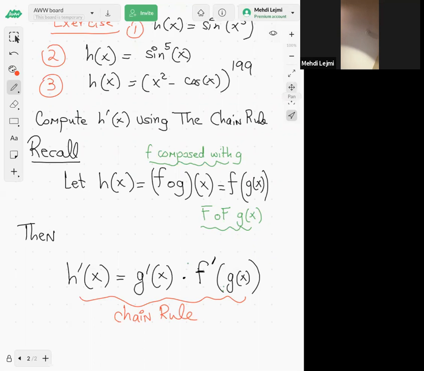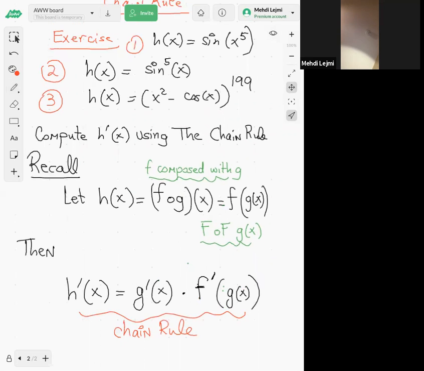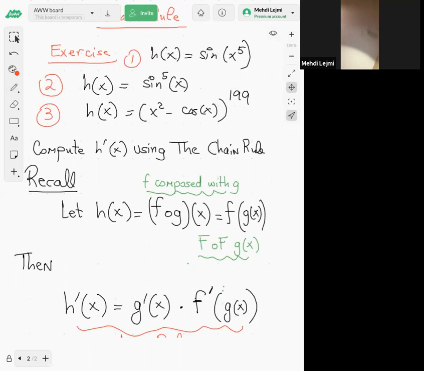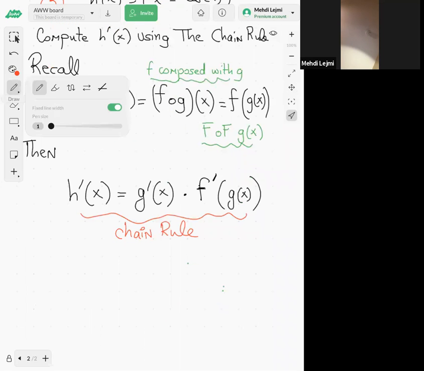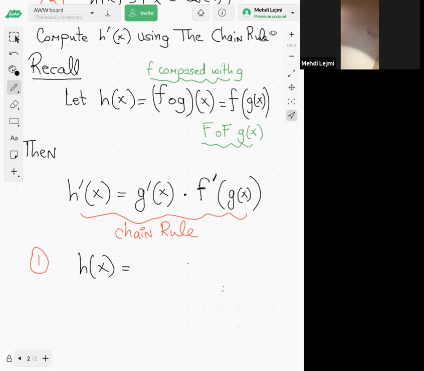And so, for example, for number one, I guess I solved number one, but for number one you had to compute the derivative. Your h of x is sine of x to the power 5, right?